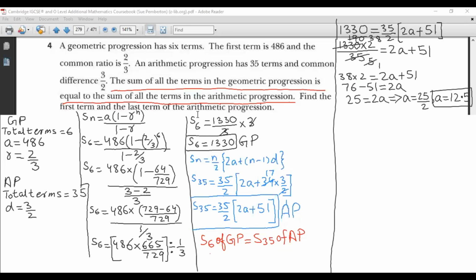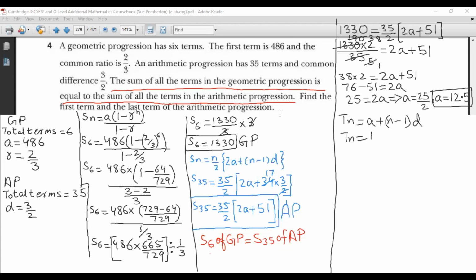Now they are asking for the last term of the progression. In order to find the last term, the formula Tn equals a plus (n minus 1) into d will be used. Tn equals, now what is a coming?